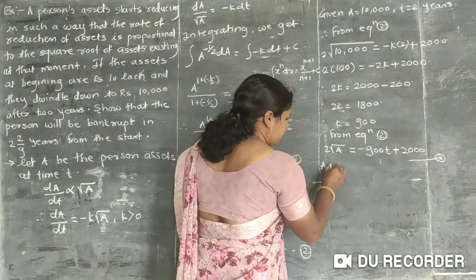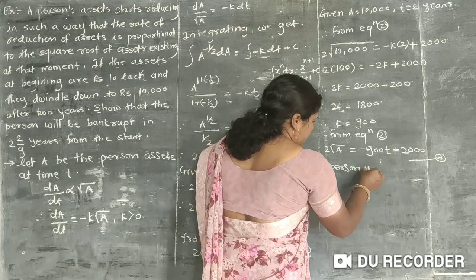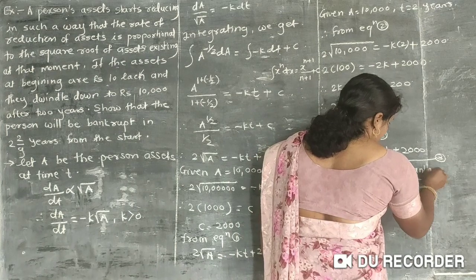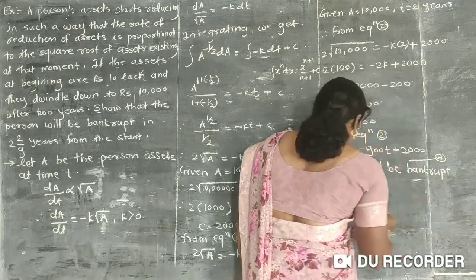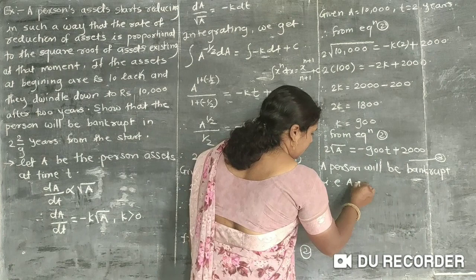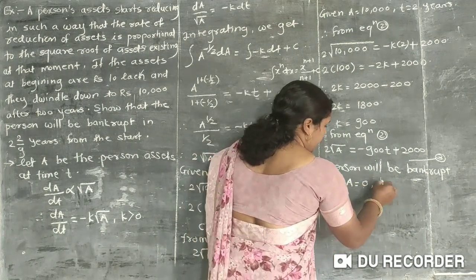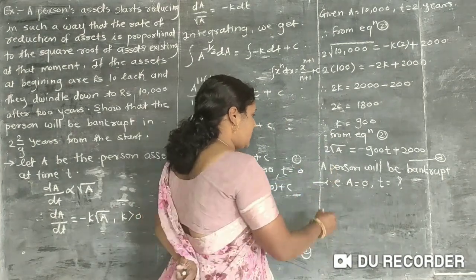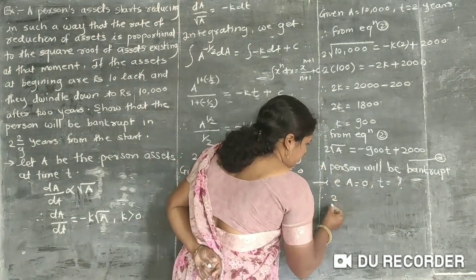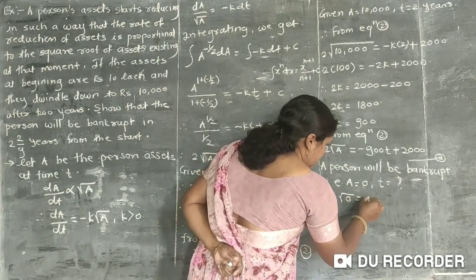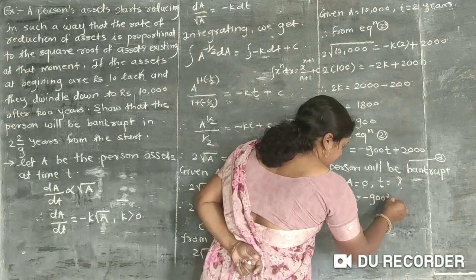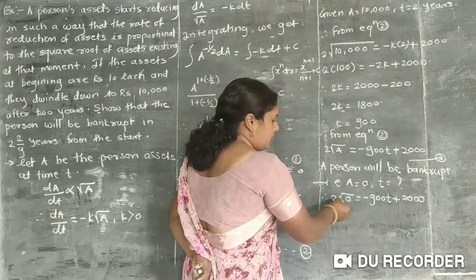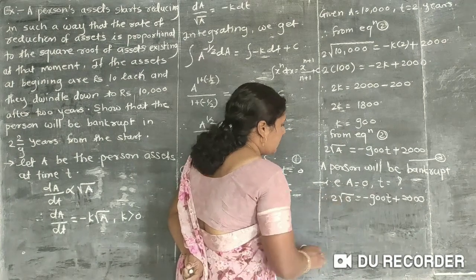The person will be bankrupt, that is A equal to 0. Now to find time t, again substitute these values in this equation. We get 2 into square root of 0 is equal to minus 900 into t plus 2,000. Square root of 0 is 0, 0 into 2 is again 0.